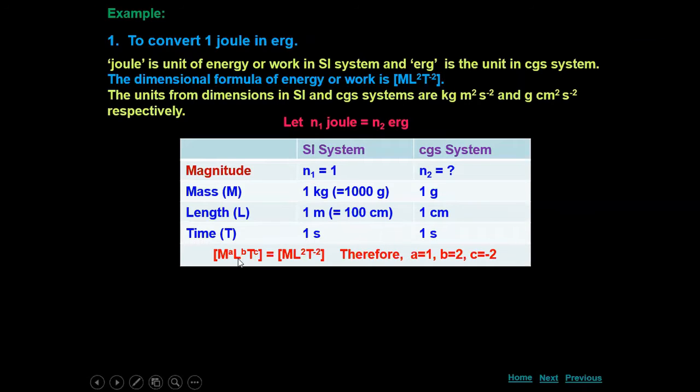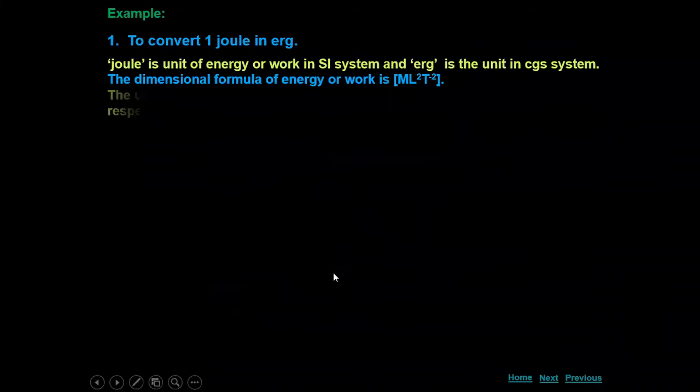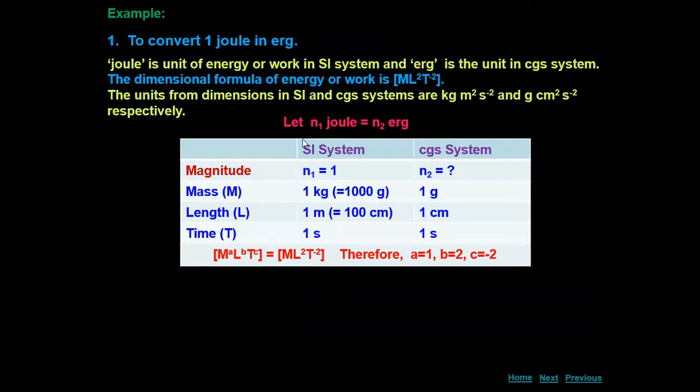Now we are writing m to the power a, L to the power b, T to the power c. Just now we have written, the same way we are writing. That is equal to what? M L square T to the power of minus 2. Here we have written M^a L^b T^c. As both sides have the same, M L square T to the power of minus 2 is our formula.